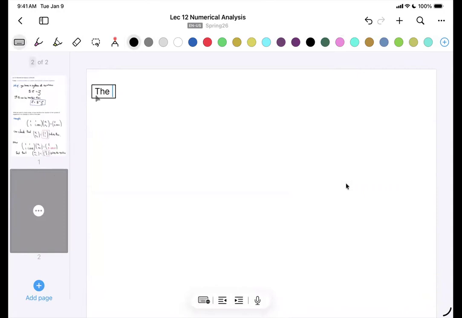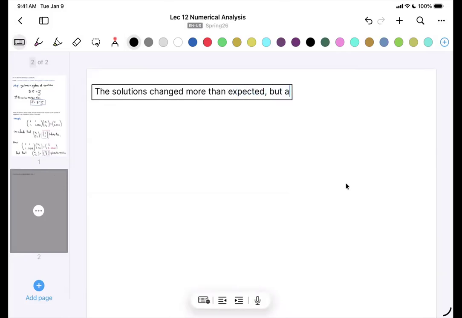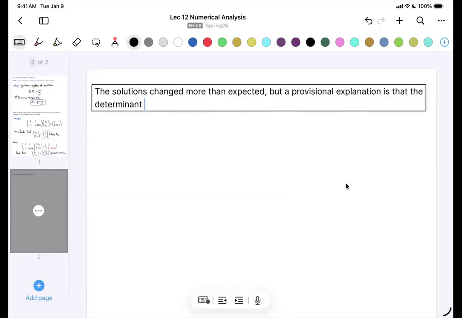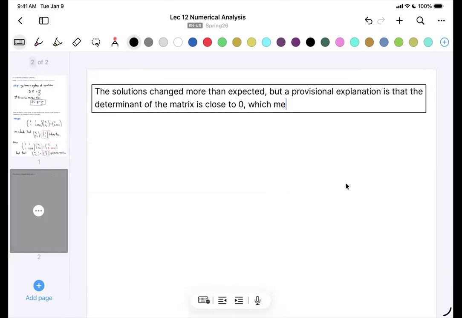So the solutions change more than expected, but a provisional explanation is that the determinant of this matrix is close to zero, which means that the matrix is almost not invertible.